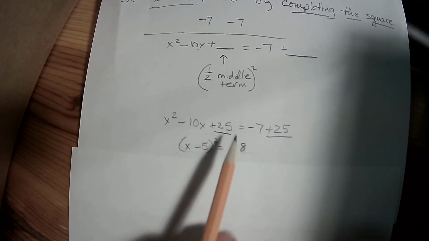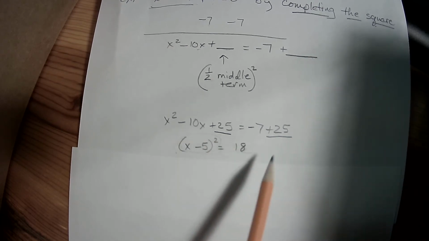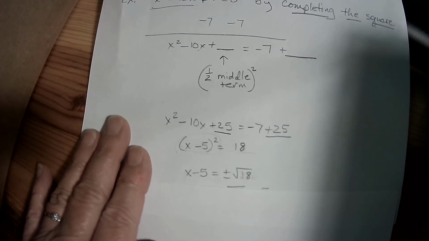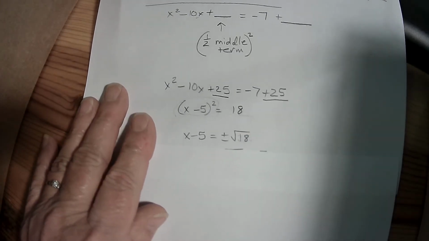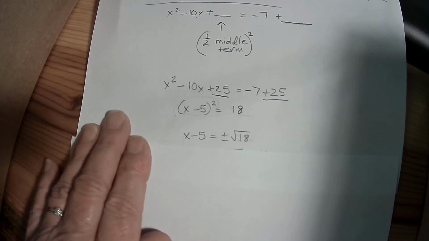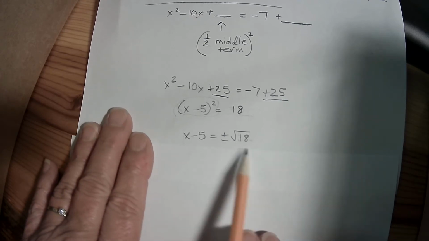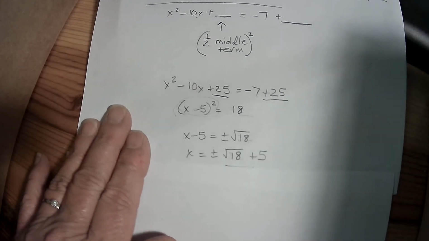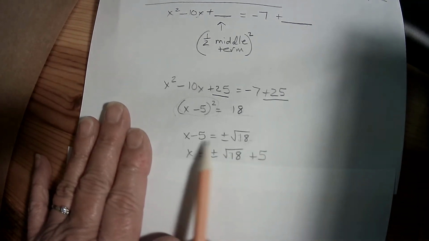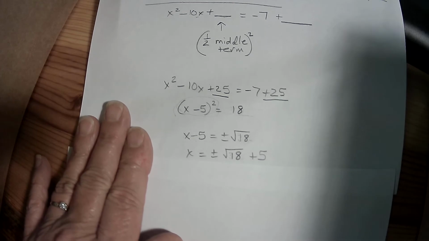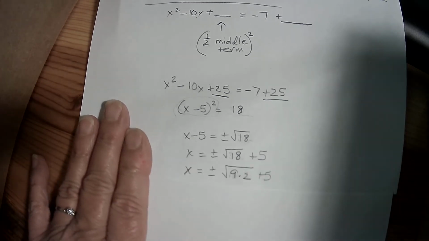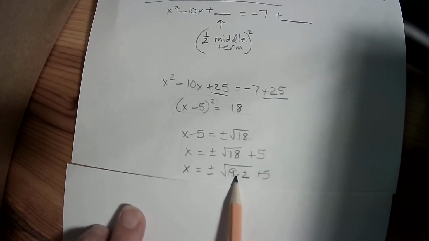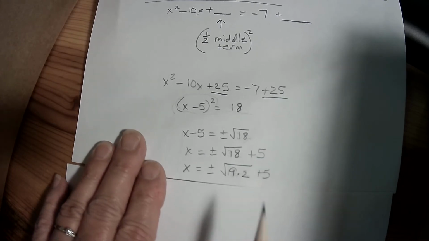And now I can solve this equation by using square roots. If I took the square root of both sides of that equation, I get x minus 5 equals plus or minus the square root of 18. I know there's a perfect square in there, so first of all, let's add 5 to both sides, so I get x by itself. 18 is really 9 times 2, right? And 9 is a perfect square.